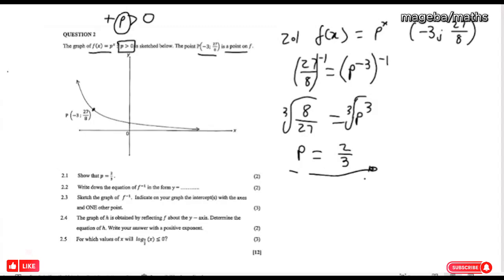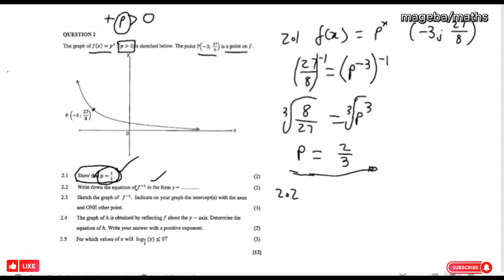So my p is 2 over 3. I've already shown it. Remember, they've already told me to show. Now guys, very important, if you didn't manage to show this, make sure on the second question you use what they've told you, that p is 2 over 3. Now let's do 2.2.